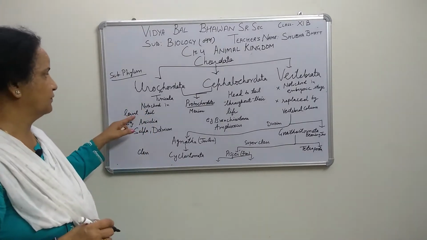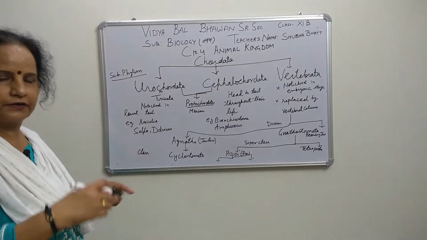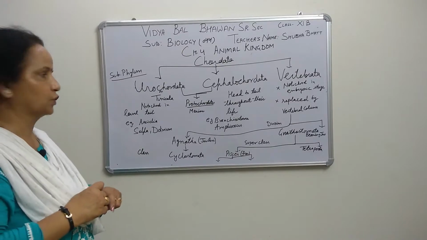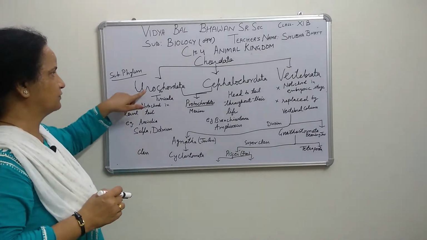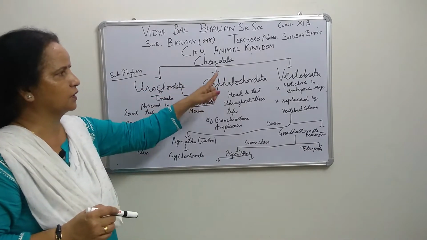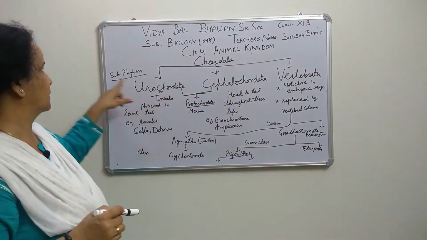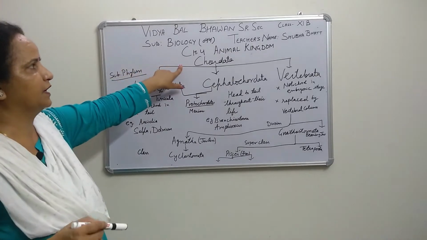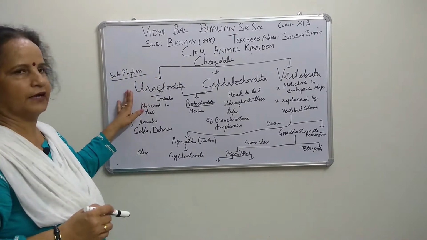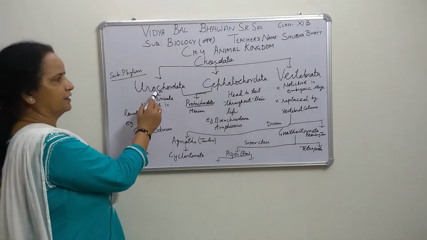In further development the notochord is not there, but only in the larval stage it is present, right? So that is called Urochordata. Urochordata, Cephalochordata and Vertebrata are also known as subphyla. The main phylum is Chordata, then that phylum is divided into subphyla. Is that clear?